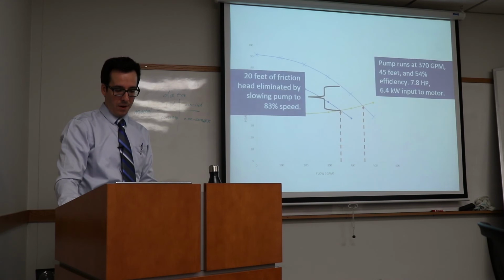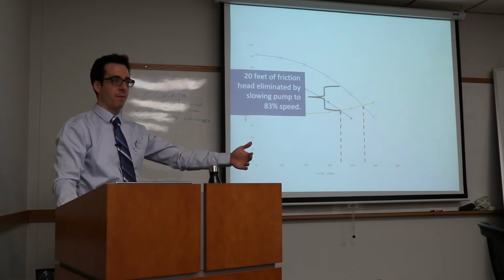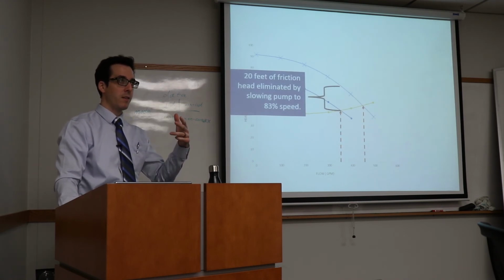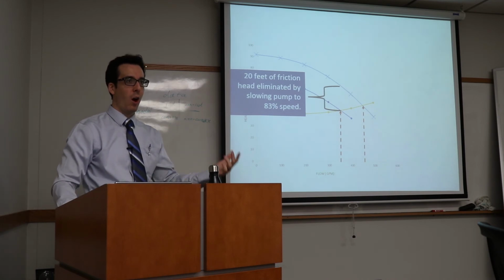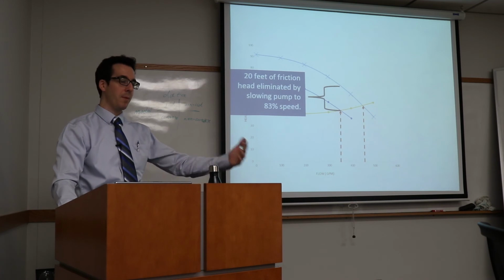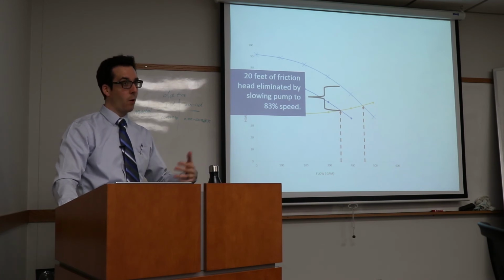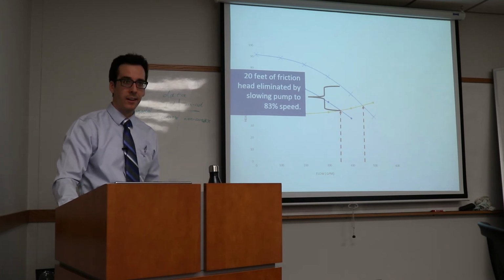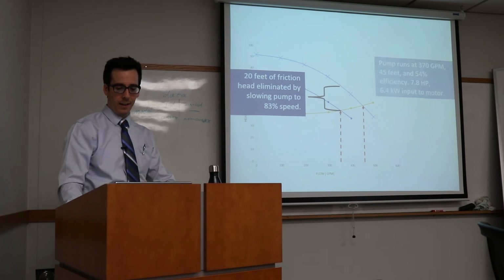But we have to remember that if we were to keep it running at 450, we're also creating more water over the same amount of time, right? If you run 350 GPM all year, that's one thing. If you run 450 GPM all year, you get more water. And so we have to normalize it in a different way.